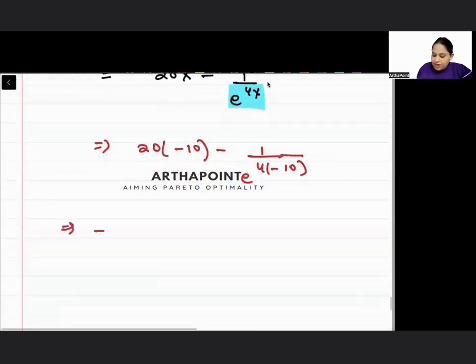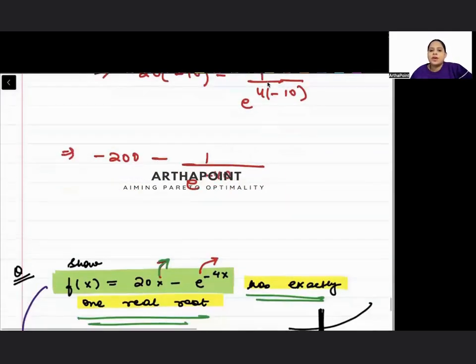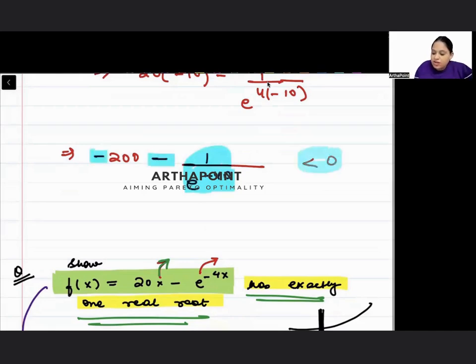So this will give me minus 200 minus 1 by e to the power minus 40. It will be some negative value. कुछ negative value तो होगा. Because e to the power anything is positive. E की power कुछ भी हो वो positive होना जरूरी है. So 1 by positive will remain positive. So two negative numbers together will give you a negative number.